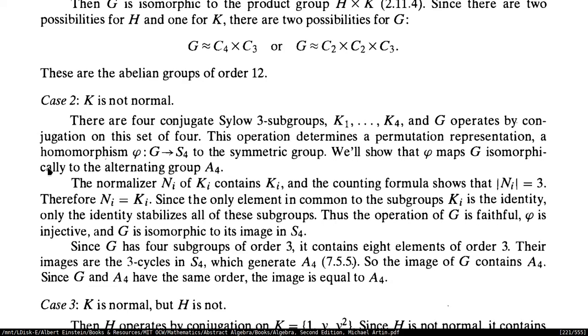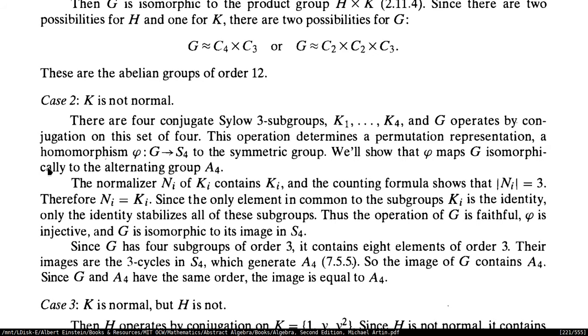And G operates by conjugation on that set. I was wondering why we're not just letting K operate on H. I think it's because he already knows what the answer is. So he's trying to show that this one is A4, and then he's going to move on.